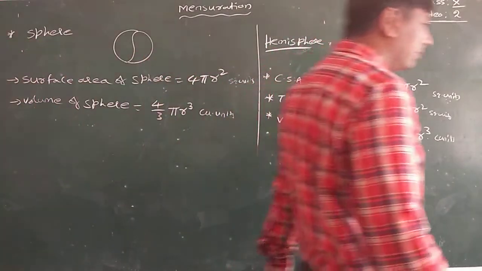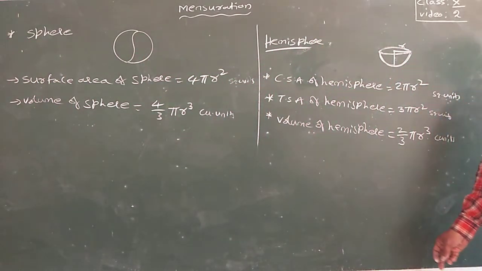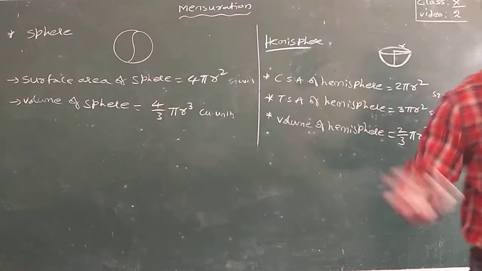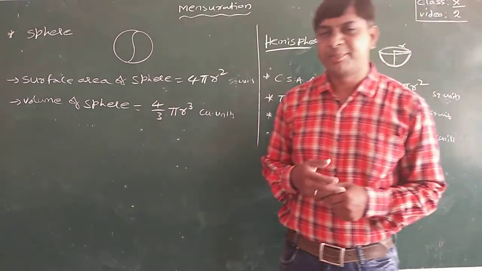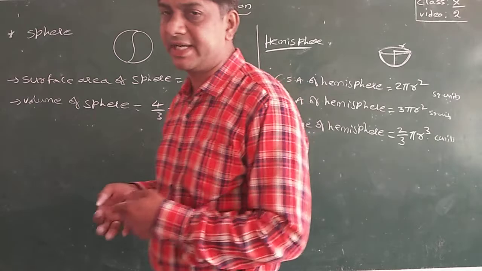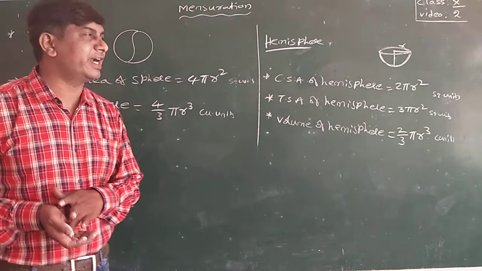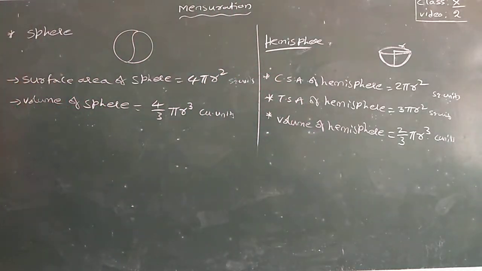In your chapter, on the first and second page only, you have all these formulas. In this one, two more formulas are there, about prism and pyramid objects also. Only write those formulas and remember them.